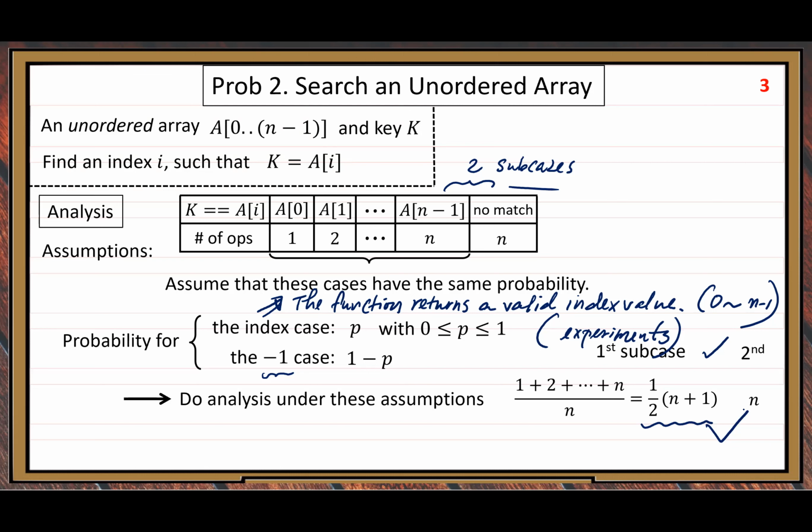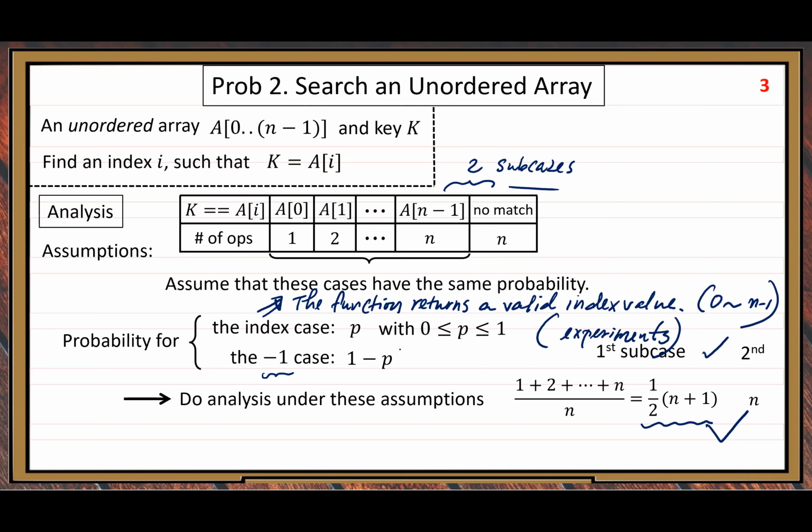Here the question, what is that appropriate way? That is important. When we combine these two subcases, what is the appropriate way? Here we need to use the probability numbers.